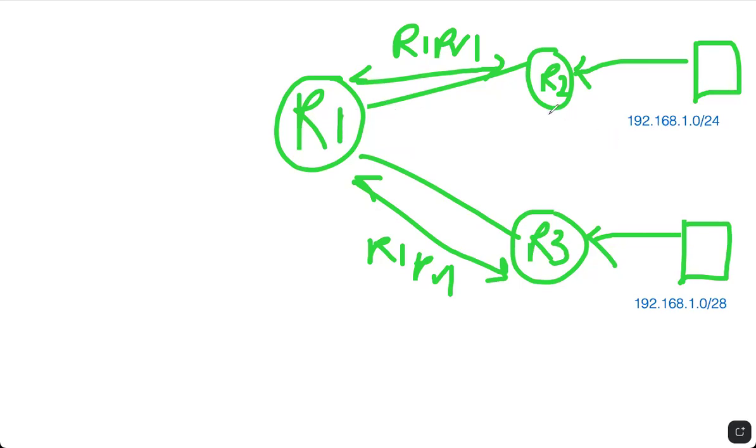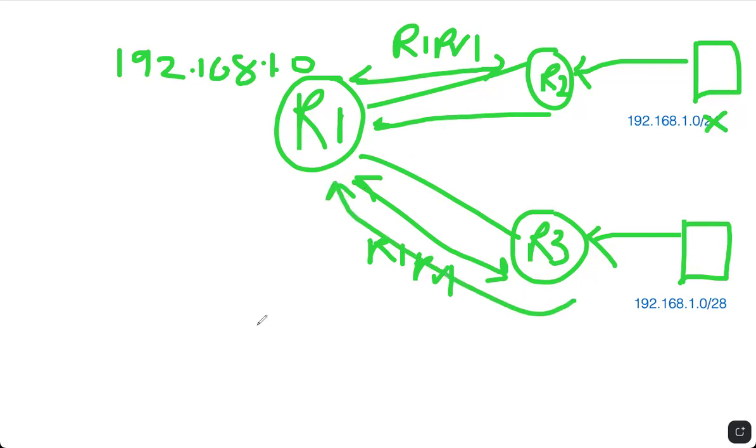When this router sends the information to this router, it will send the route as 192.168.1.0, but it will cut off the subnet mask. It will never send the subnet mask. So even here, when it's sending the information, it will send 192.168.1.0. Now, will RIP 1 use path 2 or path 1?